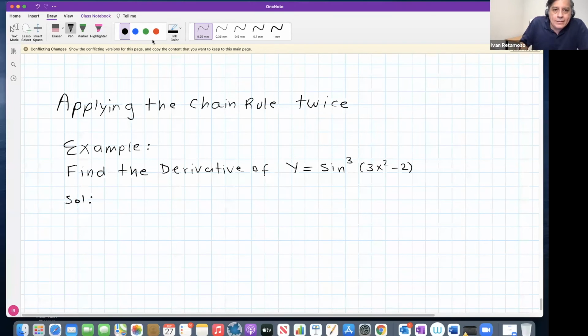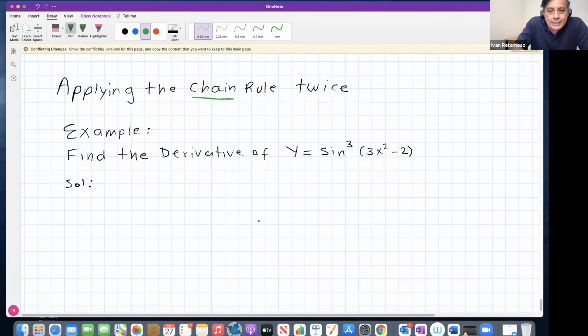This is the reason, guys, why the chain rule is called chain rule, because it can be applied more than once, sort of 3 times, 4 times, but we will apply it up to 3 times. That will be it at this level, okay? Yeah, so find the derivative, for instance, of this y equals sine cube of 3x squared minus 2.